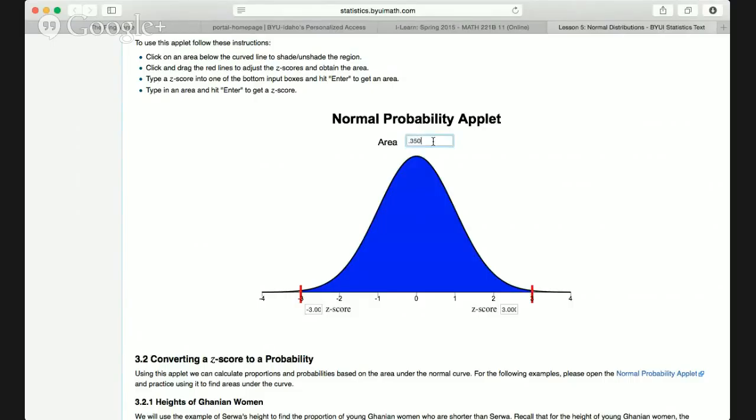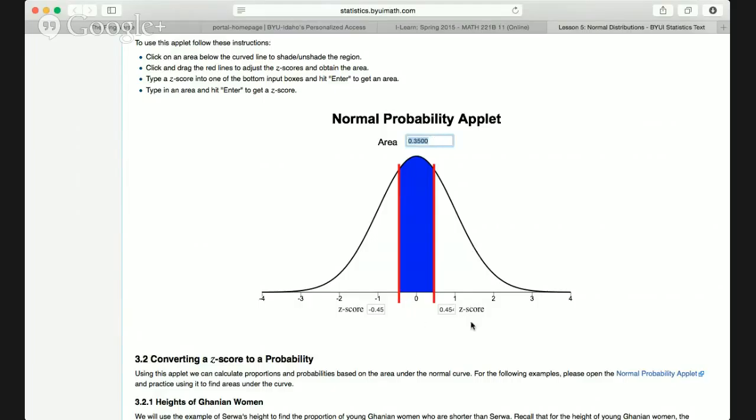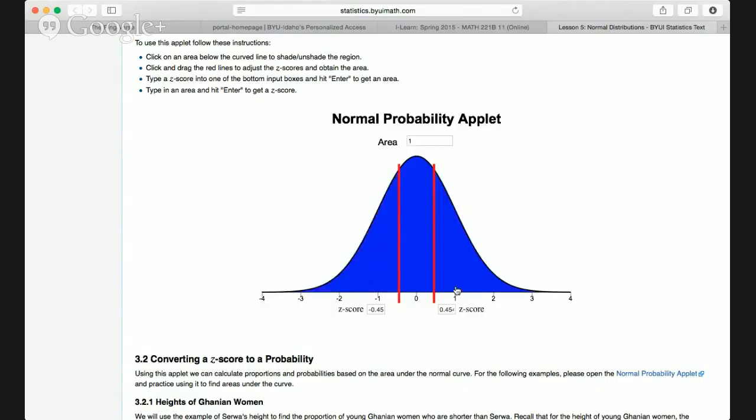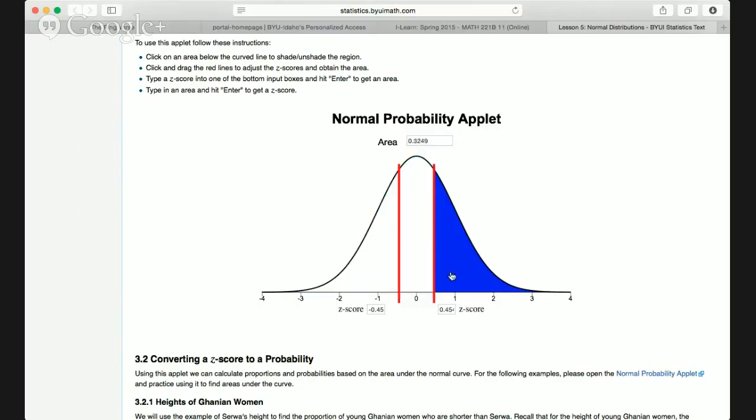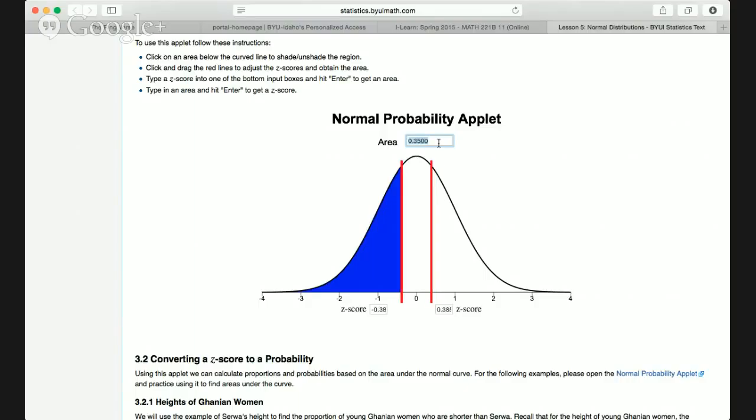Read that. And that's your z value. Is there one more step that we have to do or something? Oh, okay. There we go.